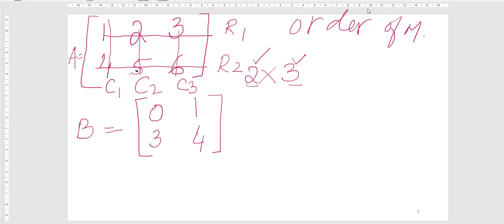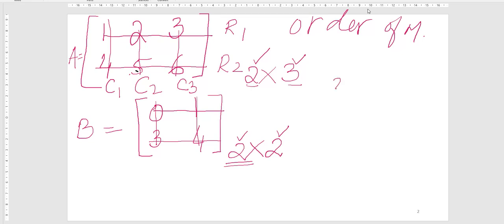For the next example, this is row number 1, this is row number 2. First you write the rows and then the columns. The columns are also 2. So this matrix is 2 by 2, meaning there are 2 rows and 2 columns. Keep in mind, always write the rows first and then the columns. The earlier matrix is 2 by 3.